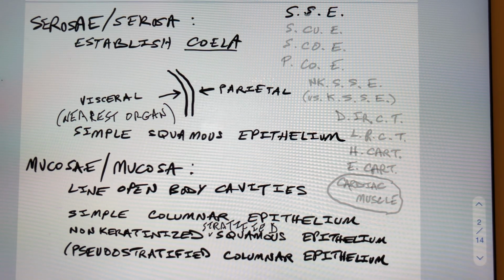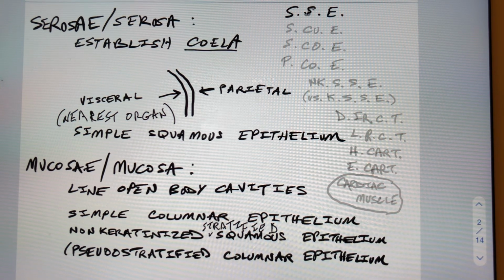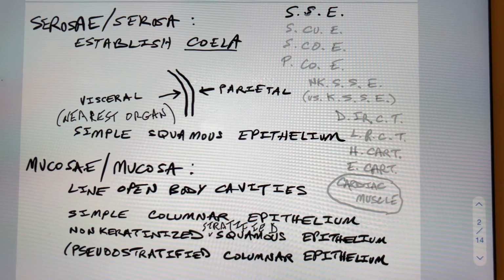And that's what we want to emphasize most for 242, is where do we find these tissues? So locales are very important for 242. You need to know where each tissue is found, okay?